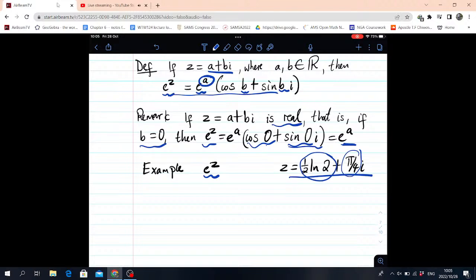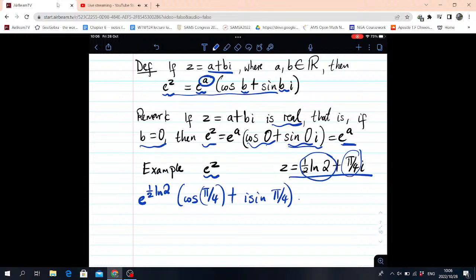So I know that I have to say e to the half of the natural log of 2, which is the real part, times cos of the imaginary part. The imaginary part is pi over 4 in this case, plus i sine pi over 4.